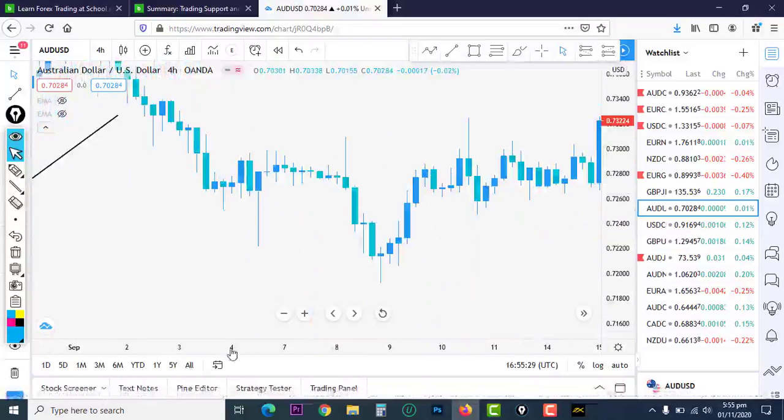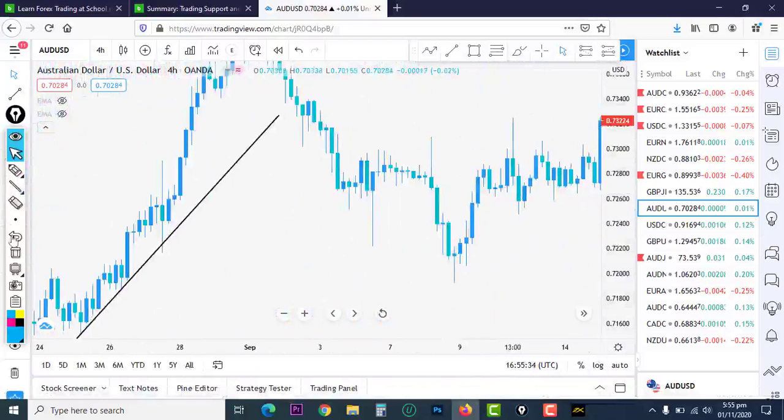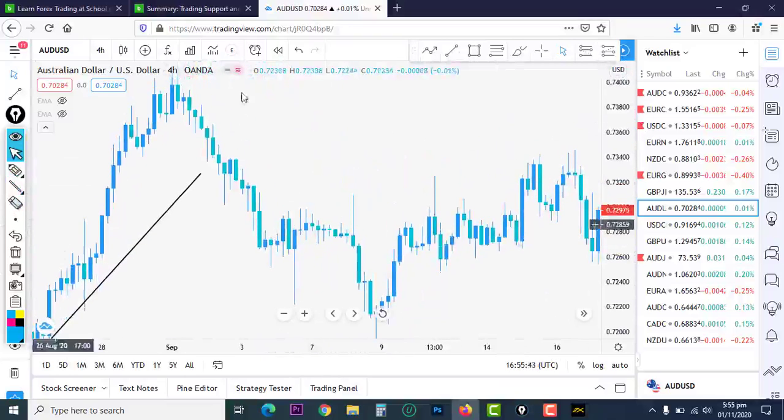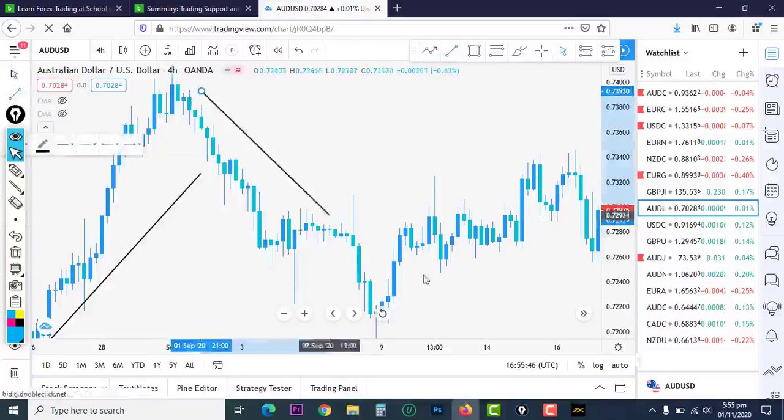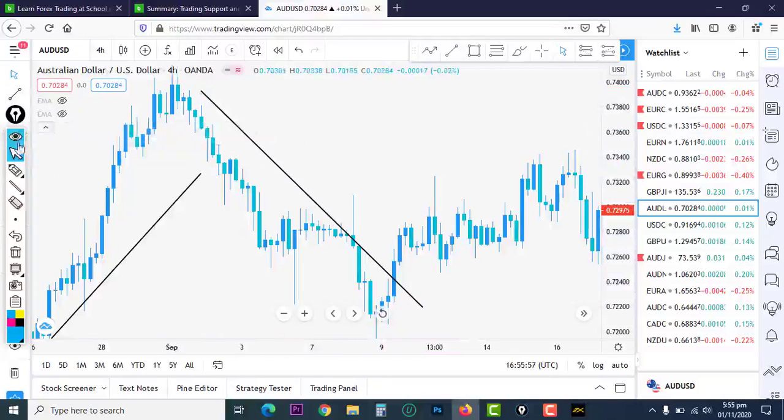Okay, so let's say we are here. We have identified that we are in a downtrend by using this right here. Now you want to trade the market once support has been broken, right? So where is your support? Right here. We can draw our support level here.